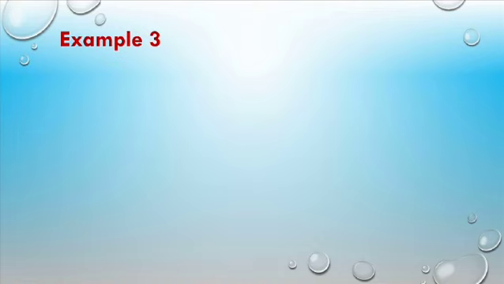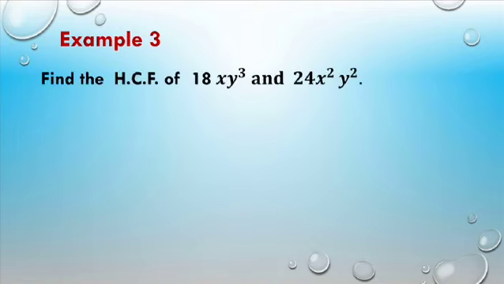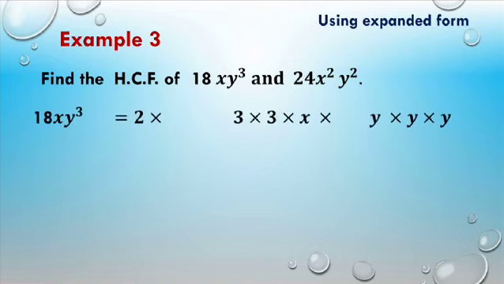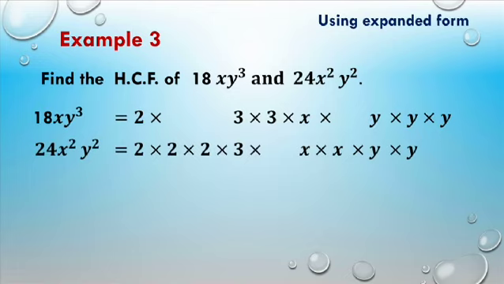We now move on to a third example. Find the HCF of 18xy cubed and 24x squared y squared. So here we use the method of expanded form. 18xy cubed can be written as 2 times 3 times 3 times x times y times y times y. 24x squared y squared can be written as 2 times 2 times 2 times 3 times x times x times y times y.